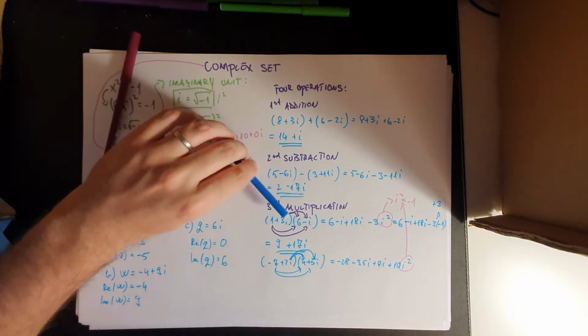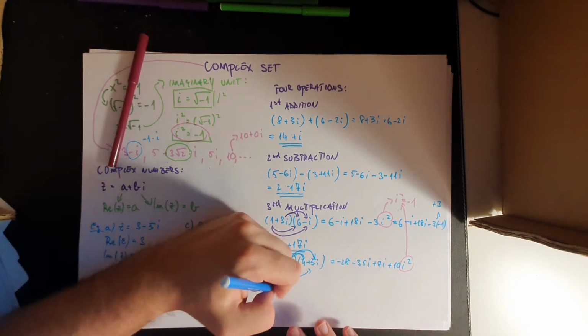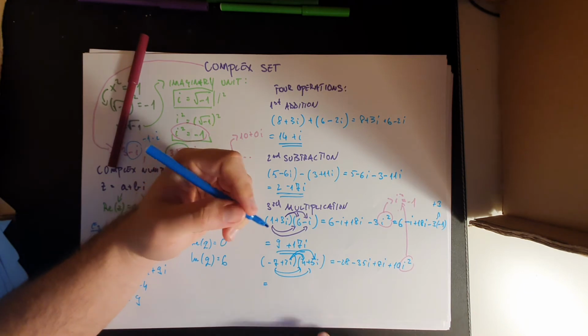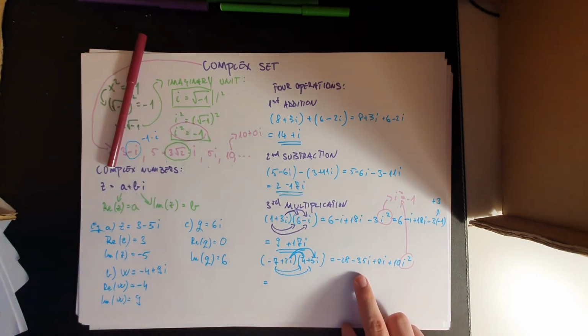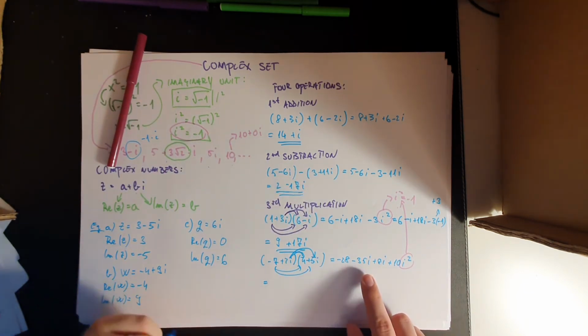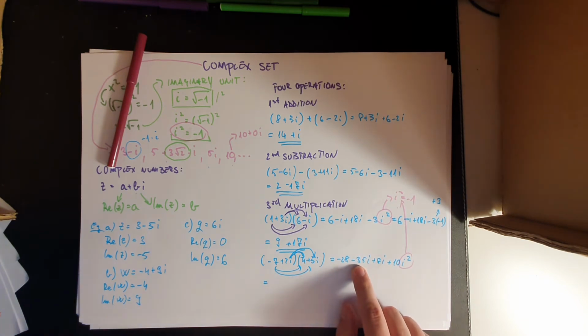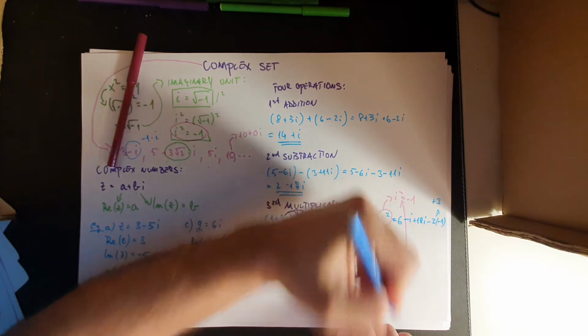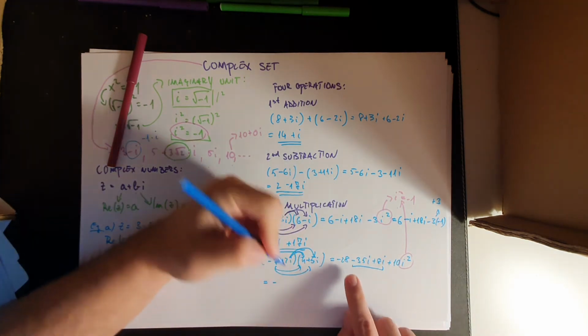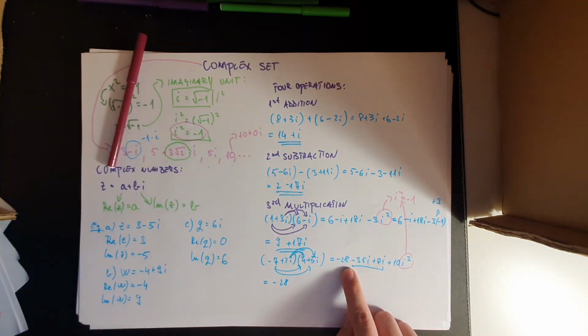Now, of course, you don't want to go every step, every time from scratch. You can already add things up. For example, you can add minus 35i and 8i because they are both imaginary. So I'm going to copy minus 28.